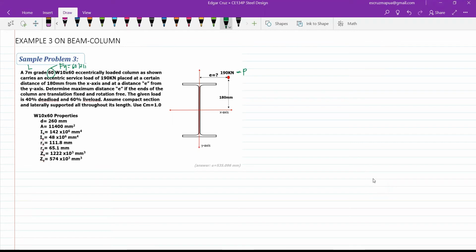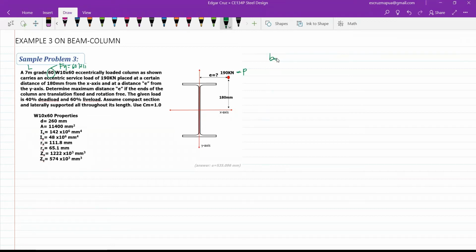Okay, whereas to determine the maximum distance E, the ends of the column are translation fixed and rotation free. So what does it mean? Translation fixed, the joints at the ends will not move laterally, but they are free to rotate. So that means the supports are hinge.